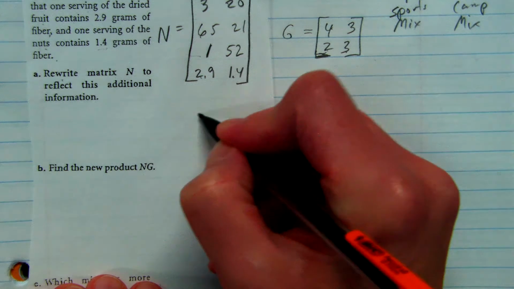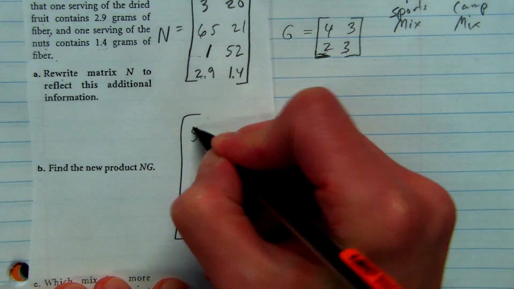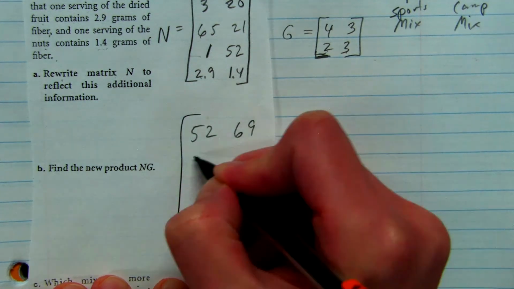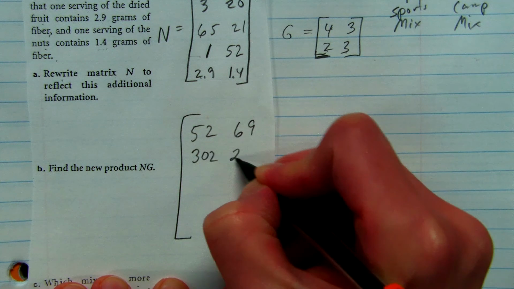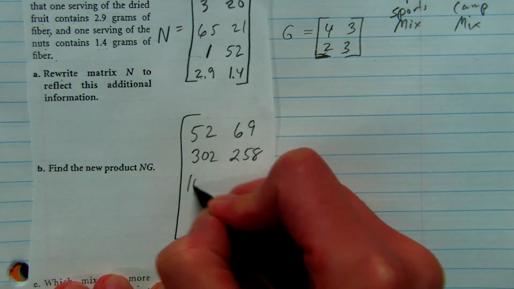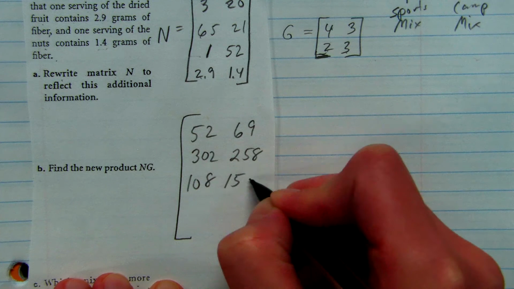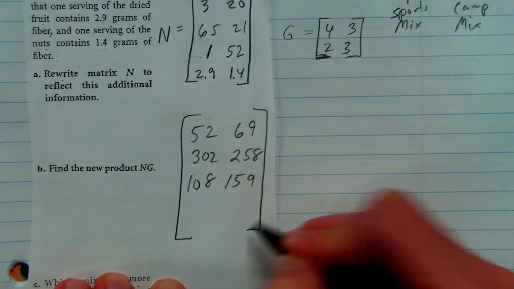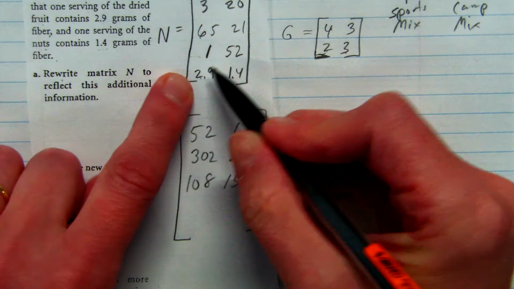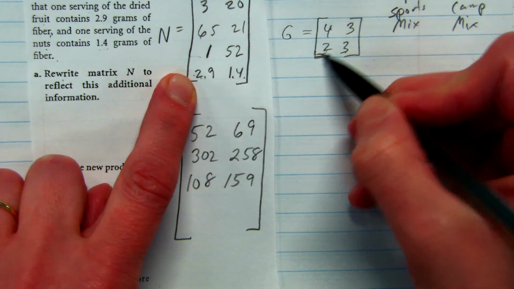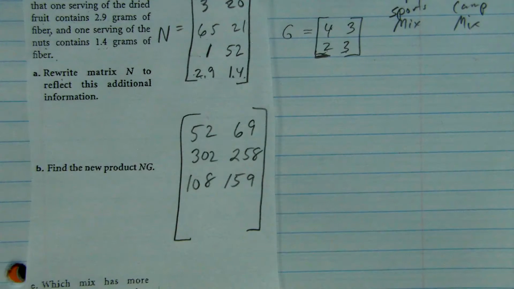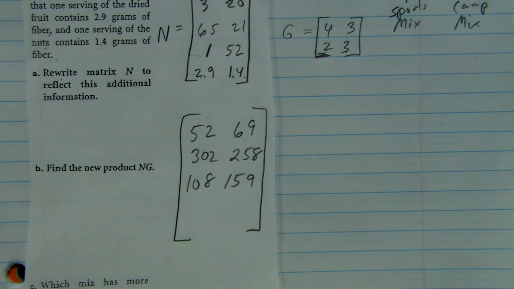So when we do the product, we already have the first 6 entries. So we could copy that down from what we had above. And then the only part that we would still have to do is multiply this last line for fiber with these and put those last couple of numbers in. It's pretty straightforward. We're just adding on a new piece of information.